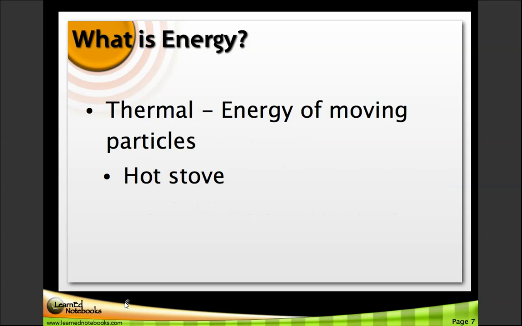Thermal energy is the energy of moving particles, more specifically, moving molecules or atoms. Thermal energy is very easy to transfer from one place to another. For example, a hot stove is usually not touched because the thermal energy can transfer to your hand very easily.